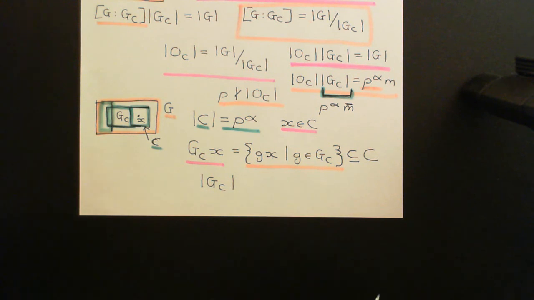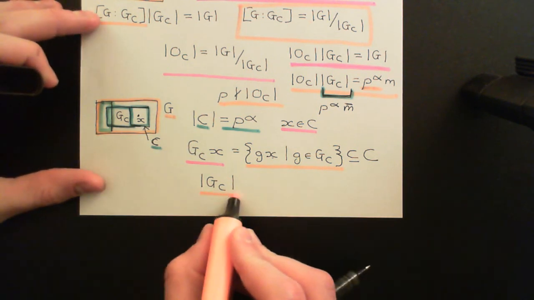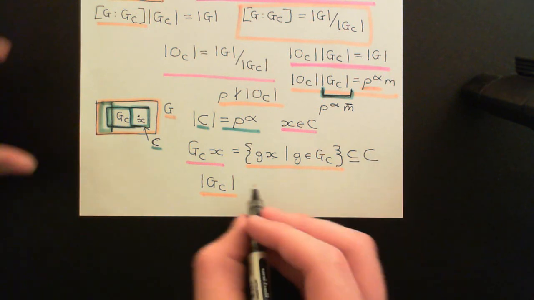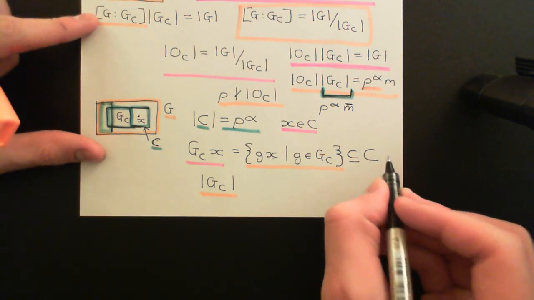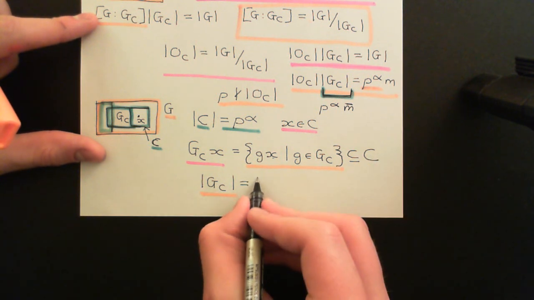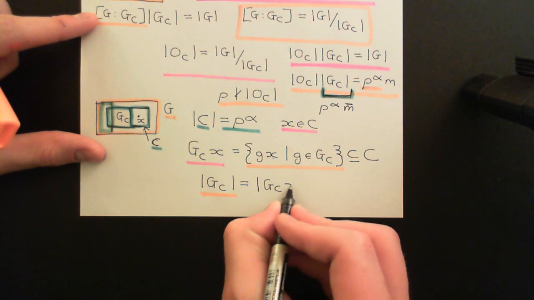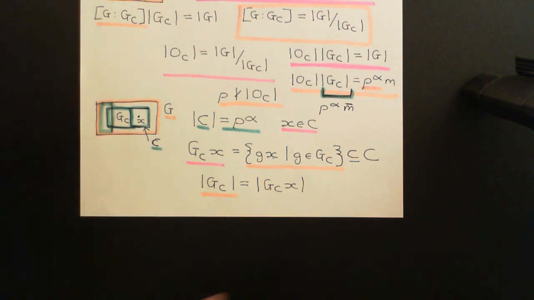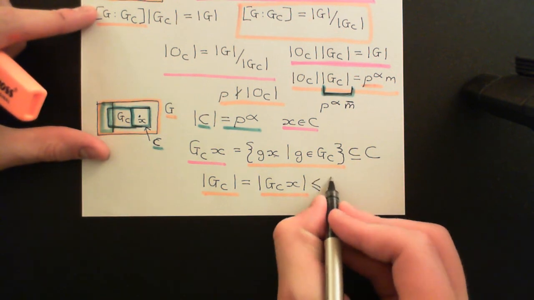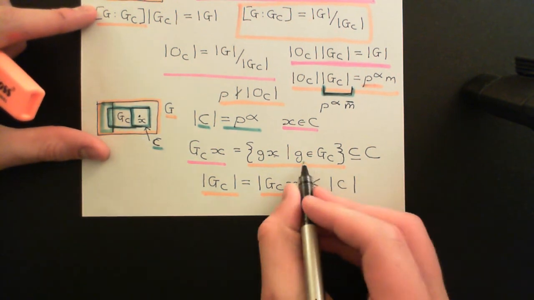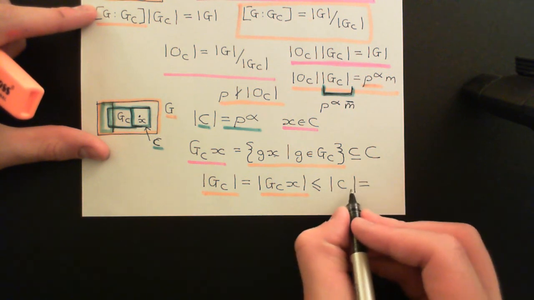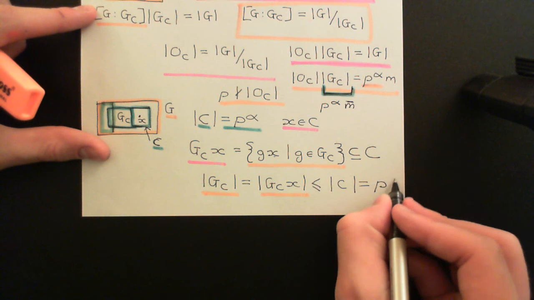So this set has order equal to the order of the stabilizer of C in G. But this is a subset of capital C, so its order must be less than or equal to the order of capital C. Since it's completely contained within the subset C, and we know that the order of the subset capital C is equal to p to the power of alpha.